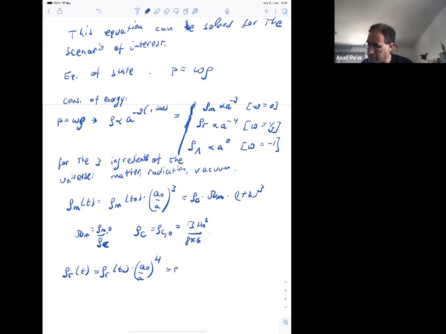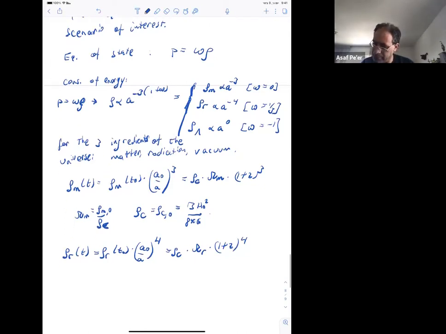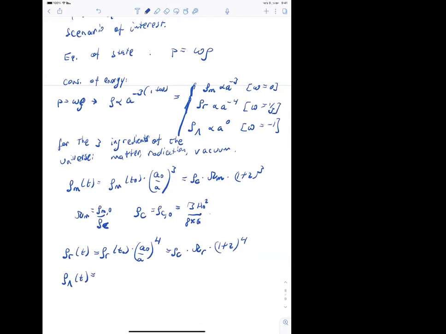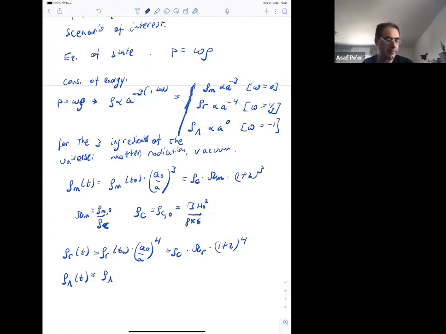So this is rho c times omega radiation times (1 plus z) to the power 4. And what about the vacuum energy? It would simply be constant. It's constant in time, rho lambda.